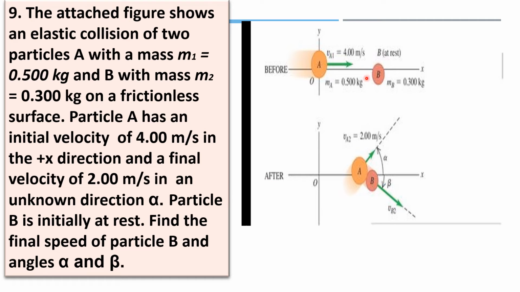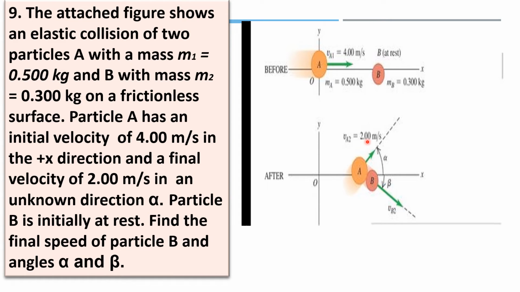In our diagram, as you can see here, before the collision, this is the situation. Particle A is moving to the right with a velocity of 4 meters per second, while particle B is at rest, so it has no velocity. There are their masses. After the collision, particle A is now moving with a final velocity equal to 2 meters per second.